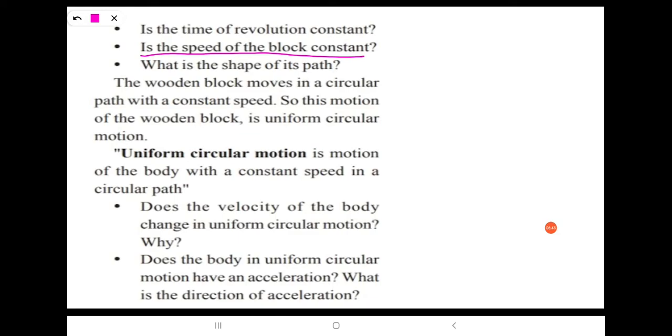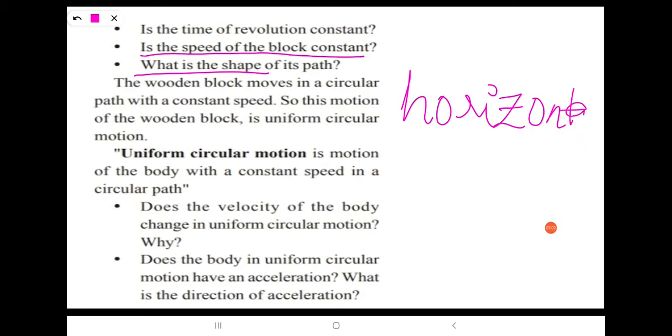What is the shape of its path? The shape of the path is a horizontal circle.